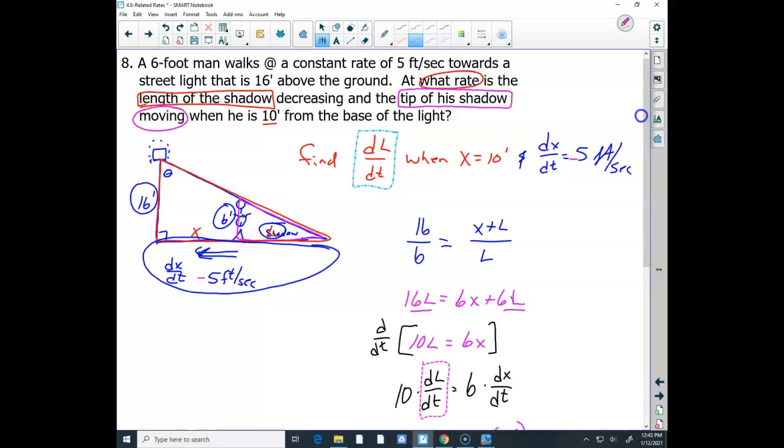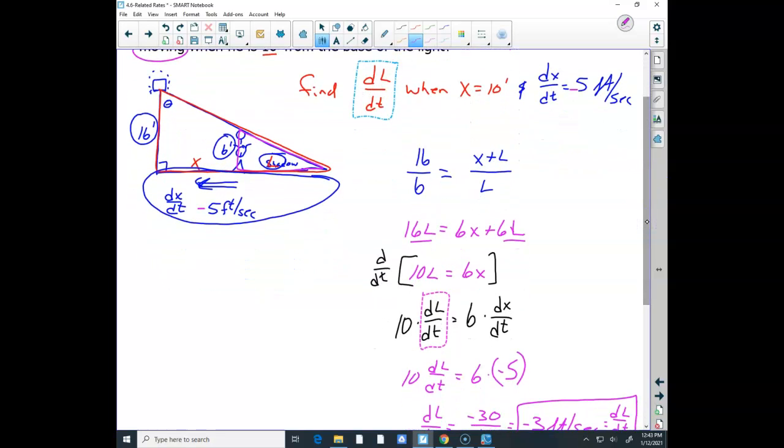So how do I find the distance from the light pole to the shadow? Because everything is related to the light pole. So how do I want to say this? I want to say the tip of the shadow distance.